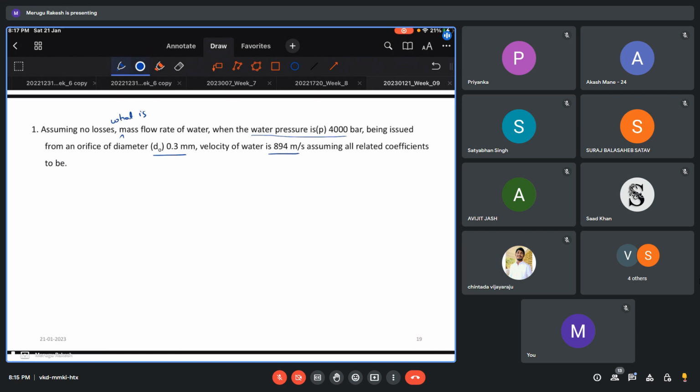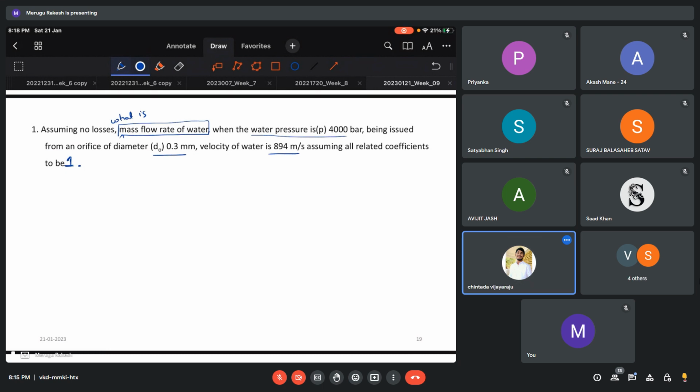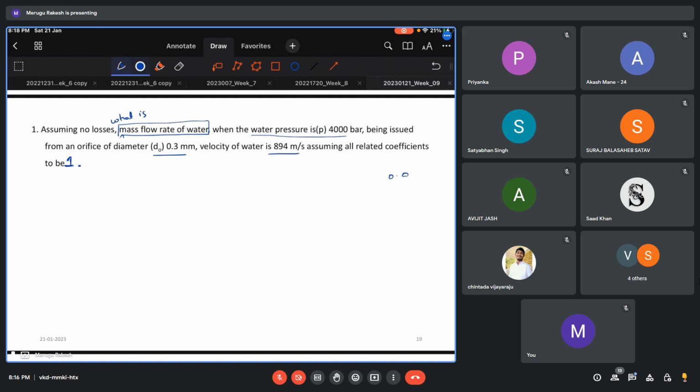They are asking what the mass flow rate is, assuming all related quantities to be 1. 0.063 kg per second. 0.0363 kg per second. Okay, yeah, maybe.